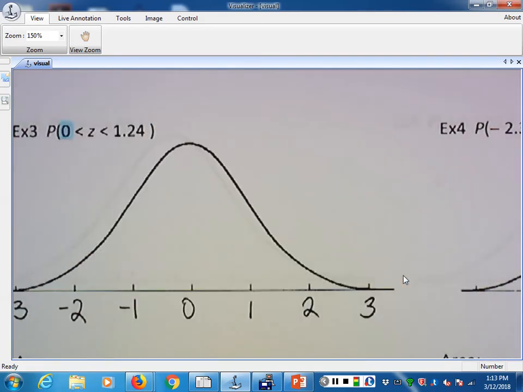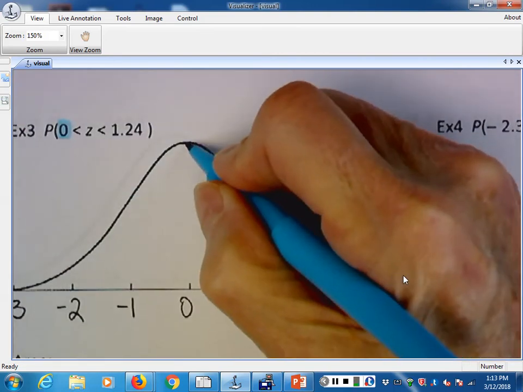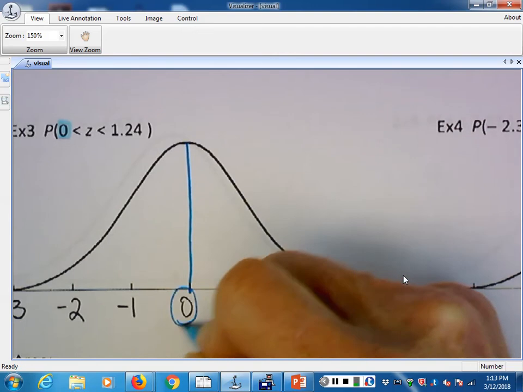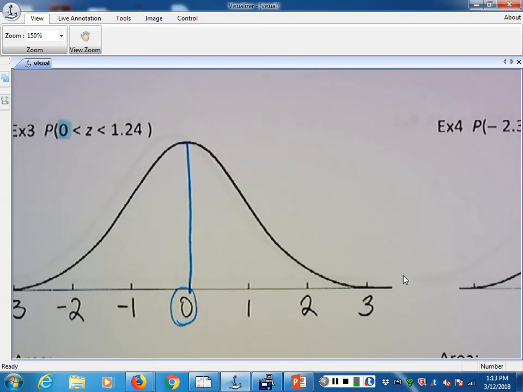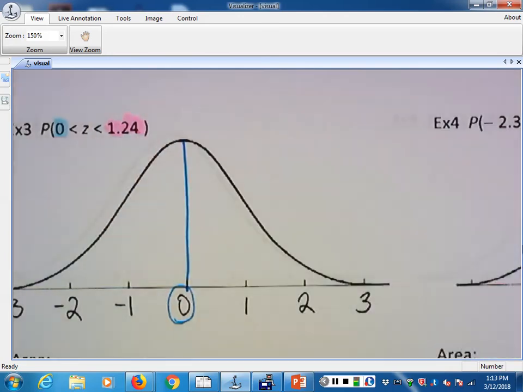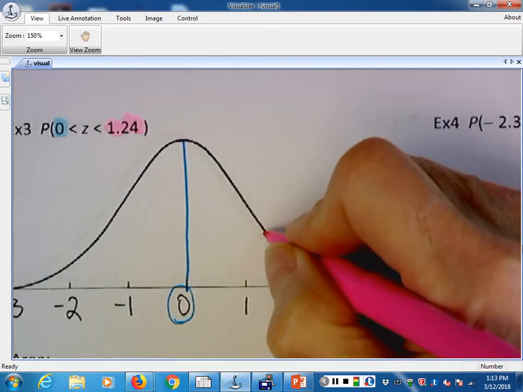First boundary is 0. That one's easy to find. Second boundary, 1.24. That's between 1 and 2, closer to 1.